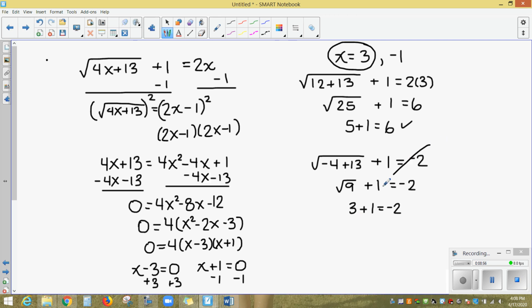Okay, that's not true, which means negative 1 is not really a solution. So the only solution to the equation we started with, the one that we copied out of the book, or off the board from me, is x equals 3.